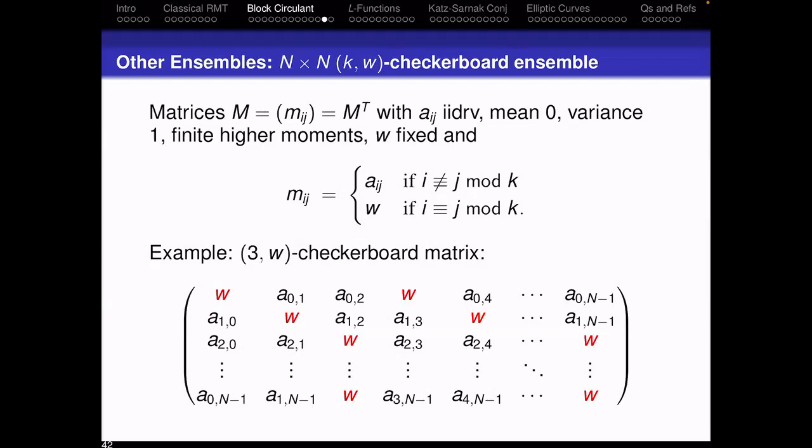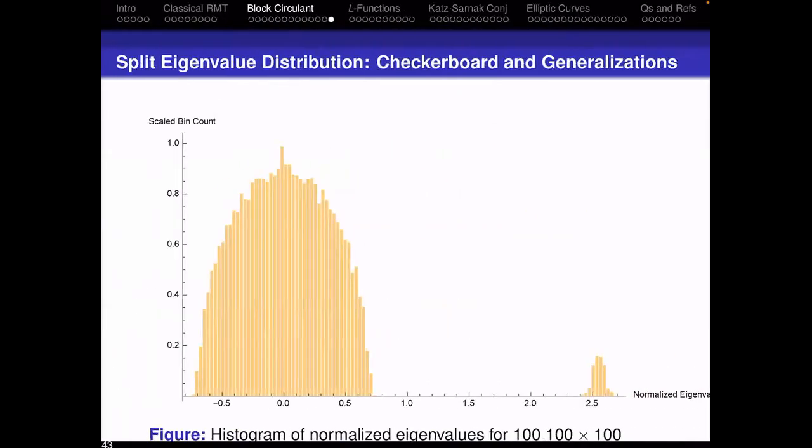So we were looking at checkerboard matrices. So every so many spots, we always put in the same value. And then the question is, when you have this increased structure, what can you say about the distribution of the eigenvalues? And what we saw here is, for the first time ever, we actually saw a split in the probabilities. Almost all the eigenvalues were in the central band between minus root n and root n, up to a little constant.